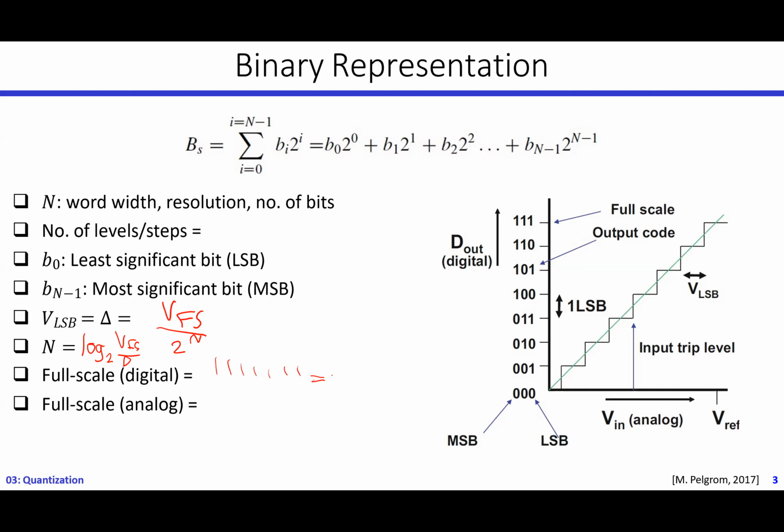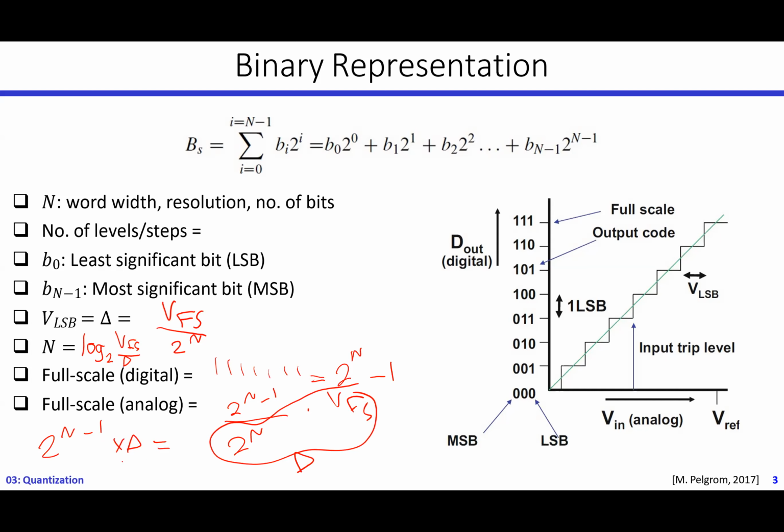And this is mapped to 2 to the power n minus 1. Now, how much is this in a voltage level? It is basically (2 to the power n minus 1) divided by 2 to the power n levels, multiplied by the V full scale. This is the delta. So it's (2 to the power n minus 1) multiplied by delta.